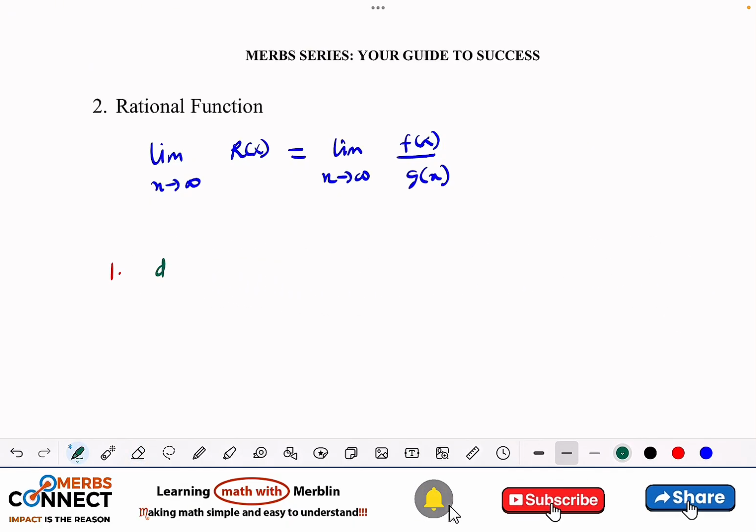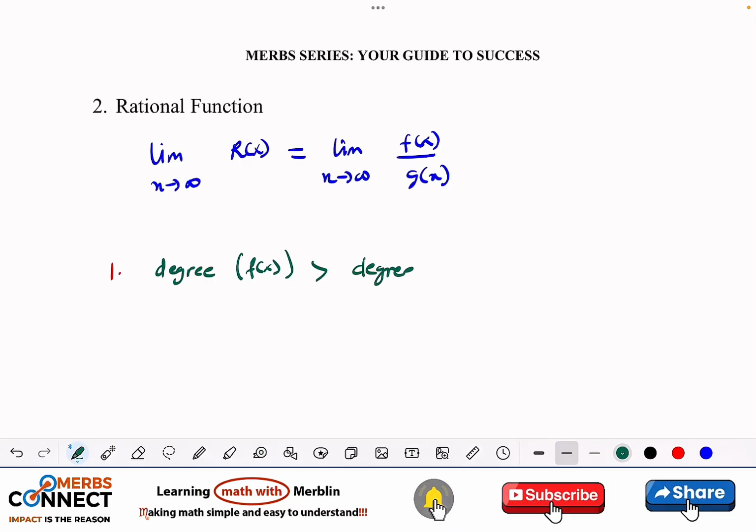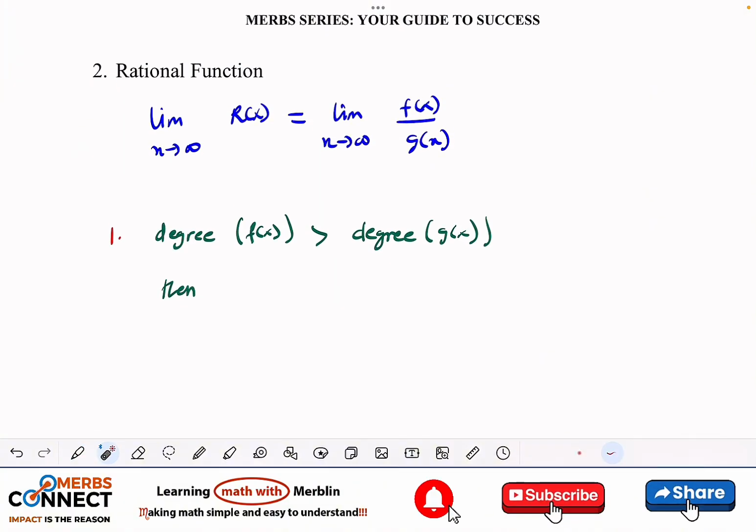So when the degree of f of x is greater than the degree of g of x, so when the top is greater than the bottom, then do you know what we are going to get?